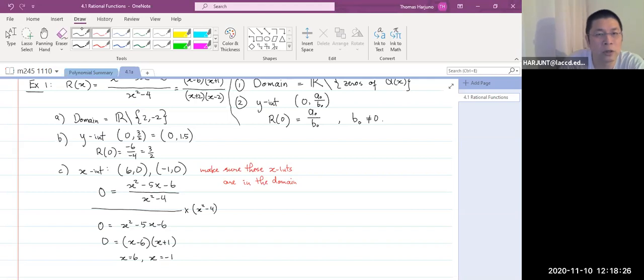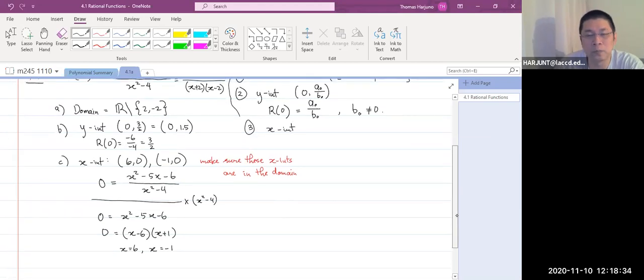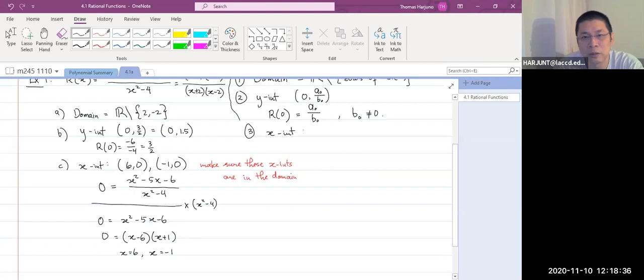So the third principle, the third concept to find the x-intercept: you will get the real zeros of the numerator p(x). But make sure that these zeros are in the domain.